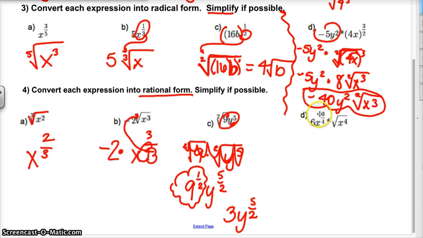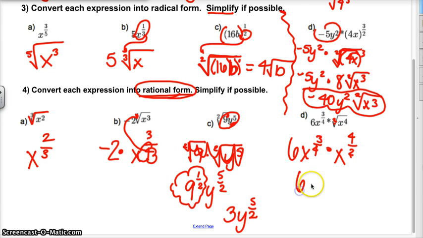All right, next one. 6 times 3/4. Well, seeing that I want it in rational form, I want the fractions, I'm going to go ahead and leave this. Times x to the, there's a 2 that's kind of understood there. Go downstairs to get outside. Let's see here. That means that 4/2, oh wait, I can do 4/2, that's just 2.